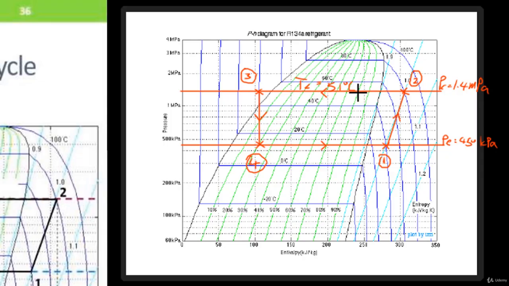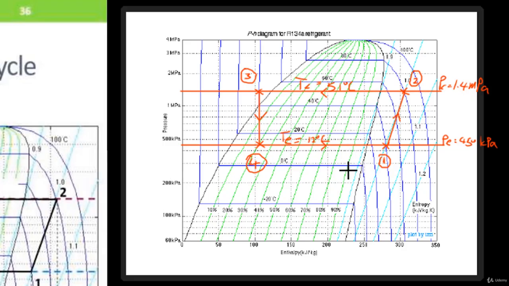Maybe I'll put 51 degrees Celsius. How about TE? TE is the evaporating temperature, which is at this horizontal line. It's between 0 and 20, somewhere above half of this gap. So maybe around 12 degrees Celsius.